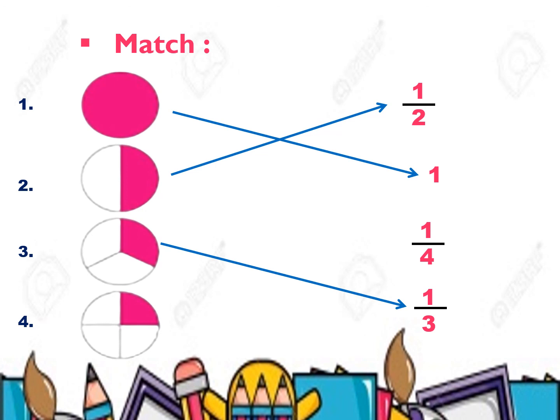The total parts 4 and colored one part. So it will be 1 over 4. So how can I read these? 1 over 2, 1/2, 1 whole, 1 over 4 or 1/4 or quarter, 1 over 3 or 1/3.